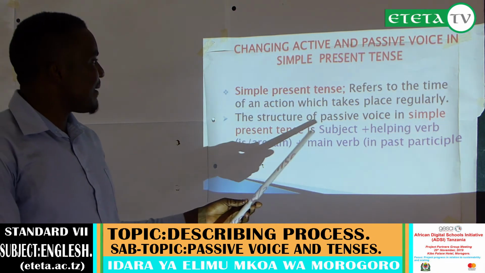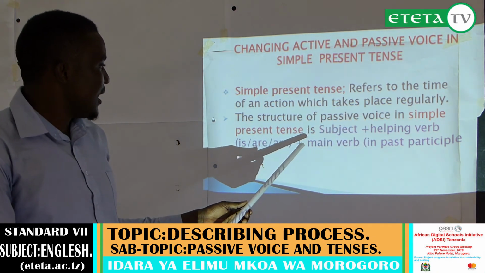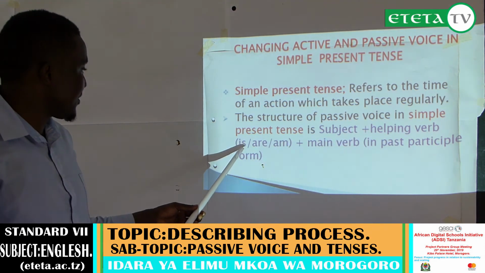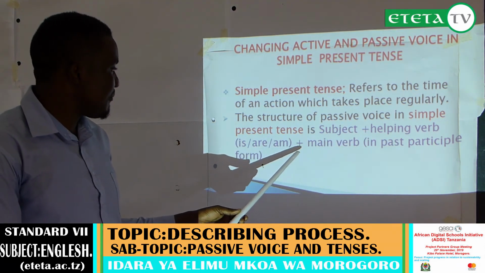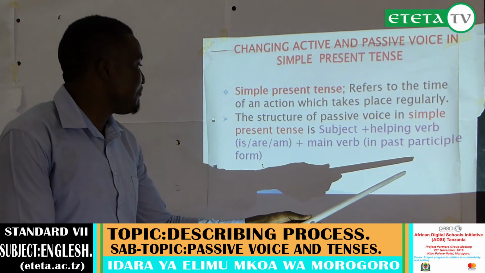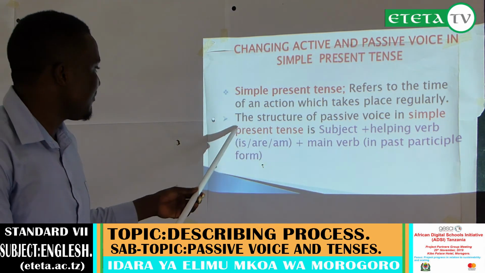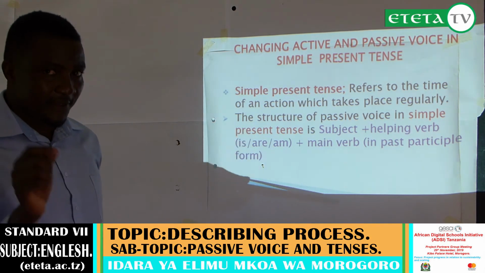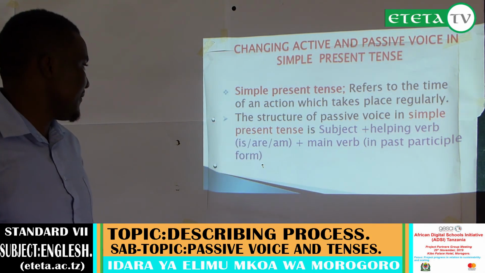The structure of passive voice in simple present tense is subject plus helping verb, which are is, are, and am, plus main verb in past participle form. Do you remember the rule that you must put the suitable helping verb?